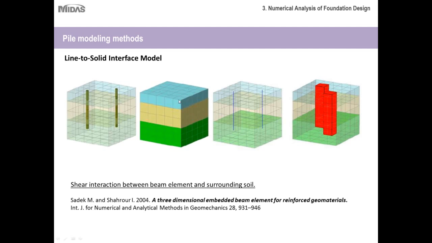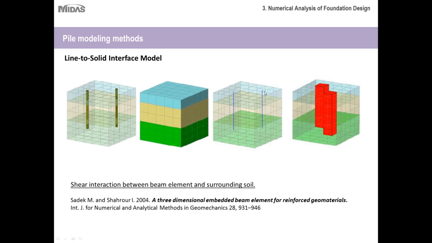In this model, the soil strata is modeled with solid elements as in the previous two methods, but the difference is the pile is actually modeled with a special type of element, which is called an embedded pile element. This embedded pile element has the property of a pile or a beam to give you the structural behavior of the pile, so that when you're looking at the results you can extract the bending moments and axial forces in the pile.